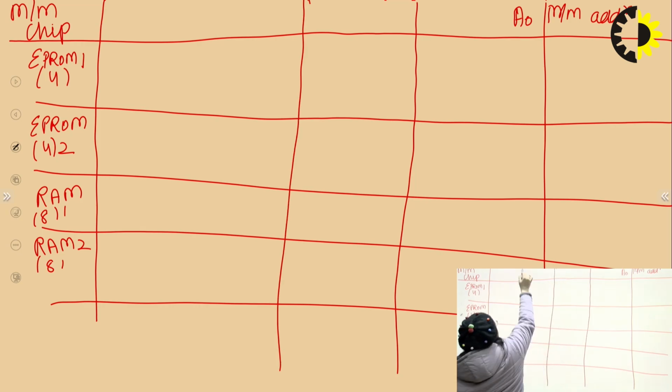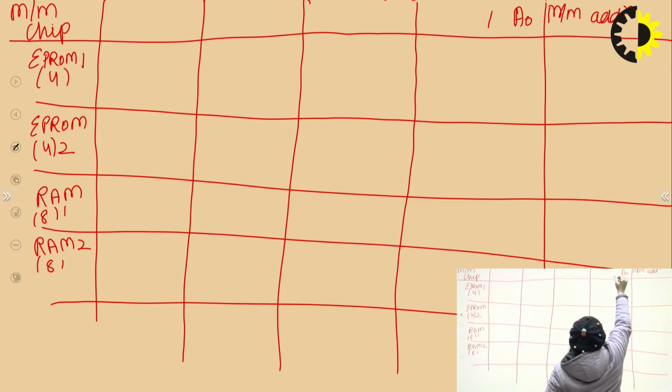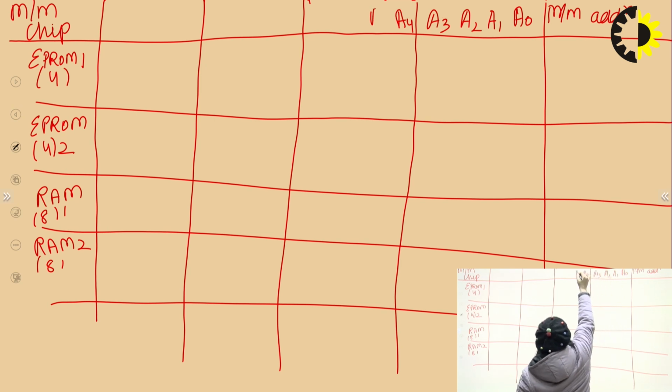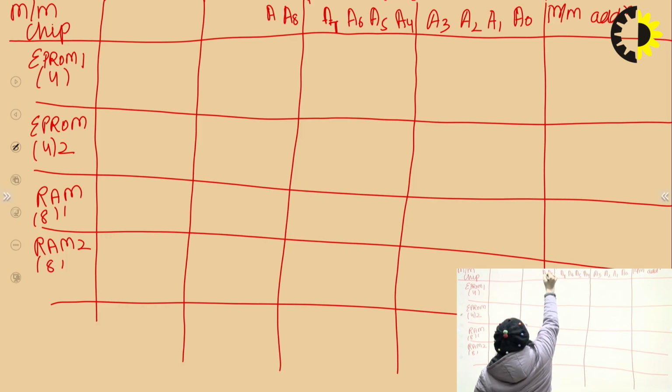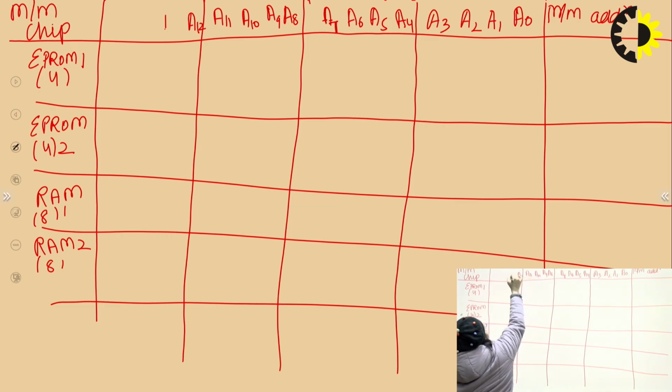All the address lines can also be classified in 4 groups: A3, A4, A5, A6, 7, 8, A9, A10, 11, 12, 13, 14 and 15.